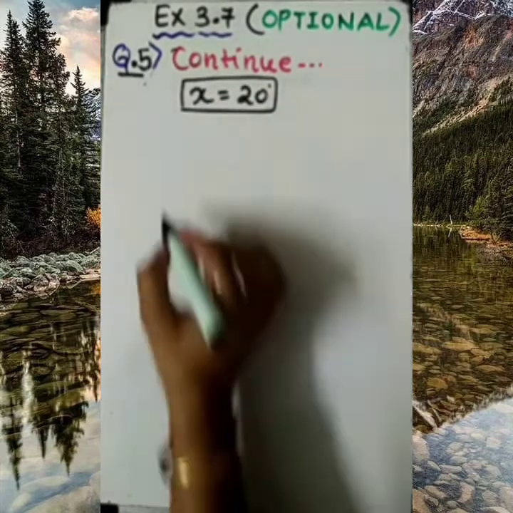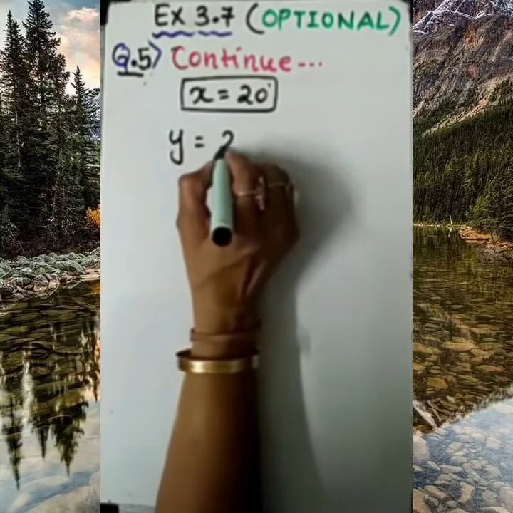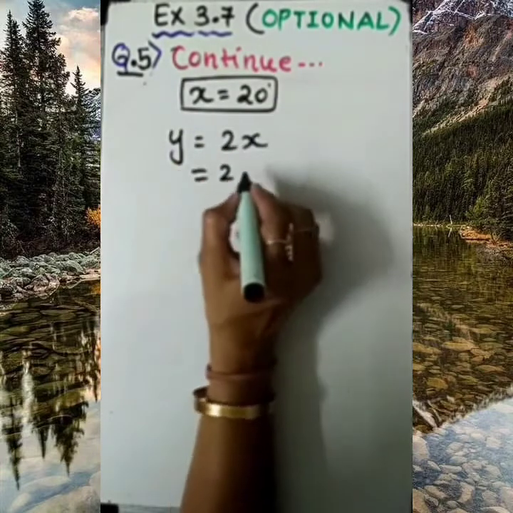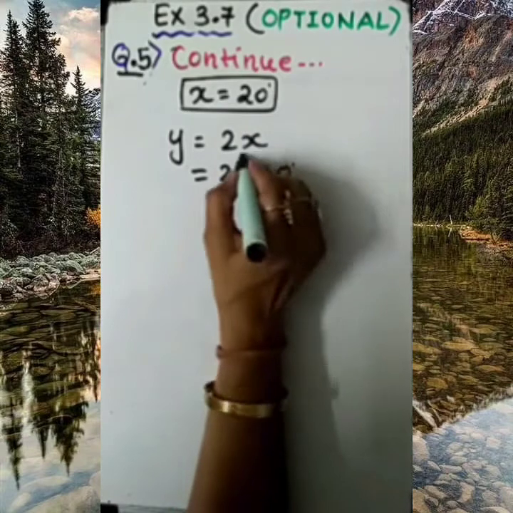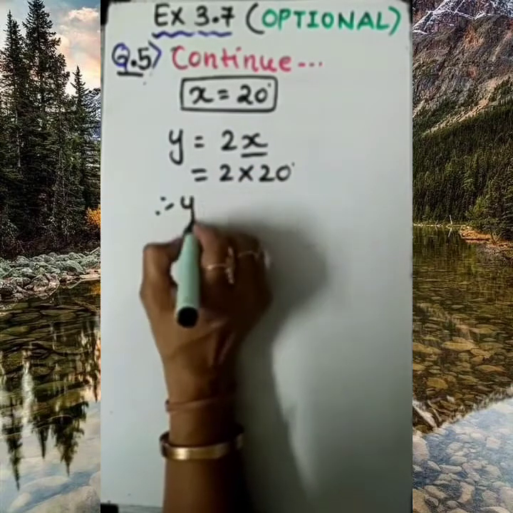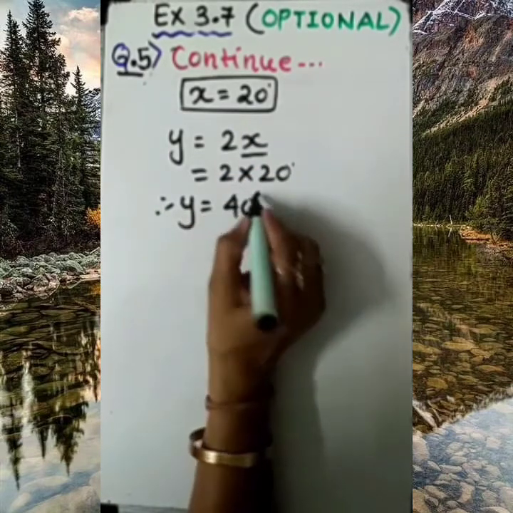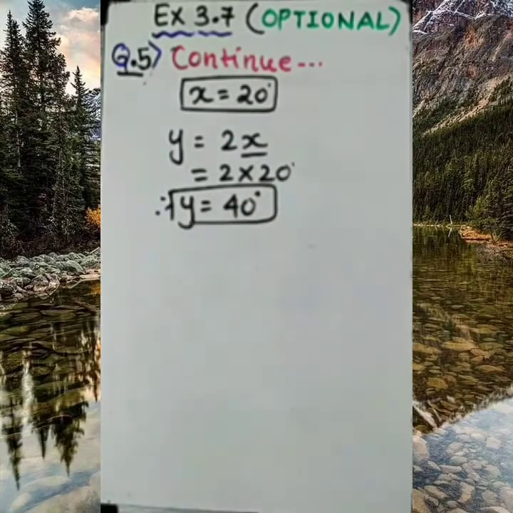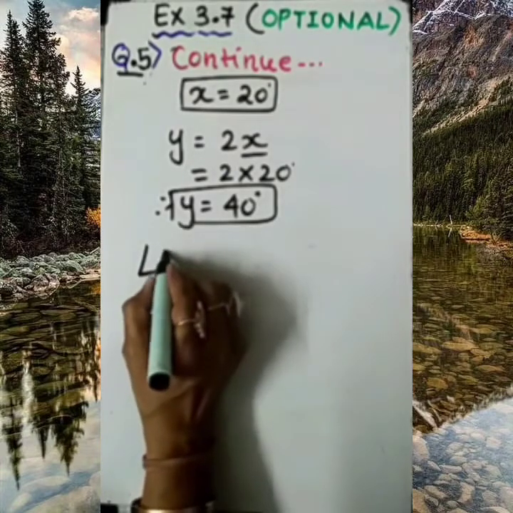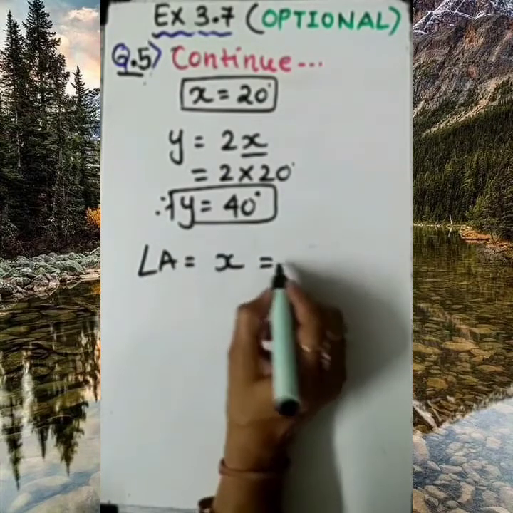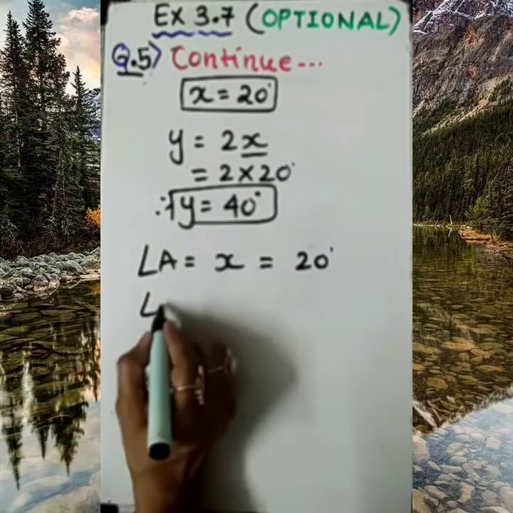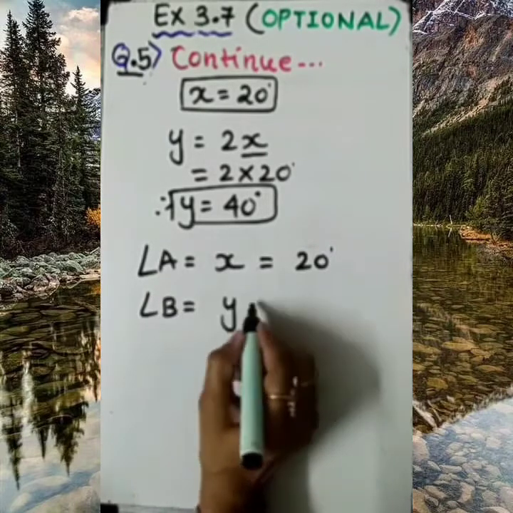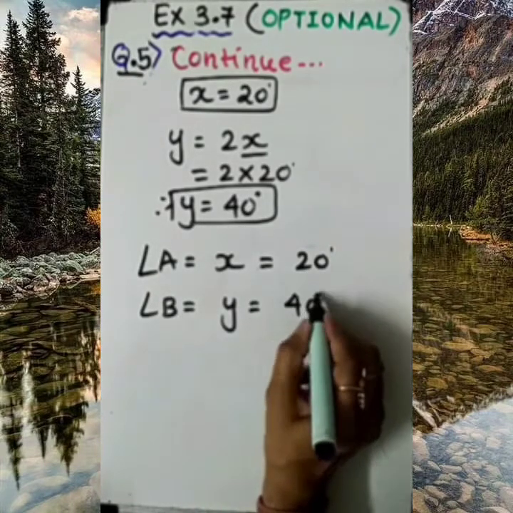We know y equals 2x, so 2 into x, in place of x I have written 20. So the value of y is 40 degrees. So x and y we got. It means angle A equals x, that is 20 degrees. Angle B equals y, so of course it is 40 degrees.